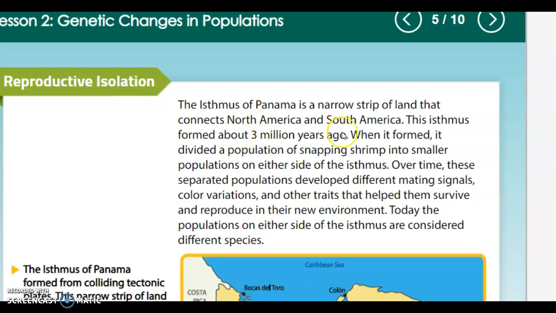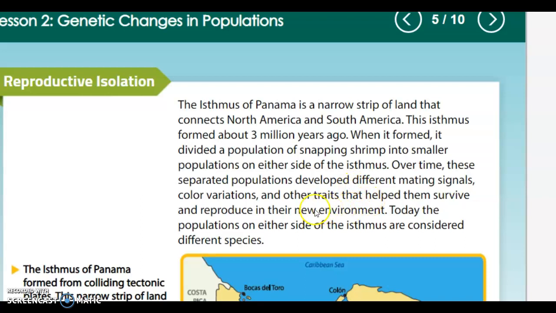When we come across the lesson, we will find that about 3 million years ago, the land was stripped and the Isthmus of Panama was formed. Due to that, a population of snapping shrimp was divided into two sides of the isthmus.